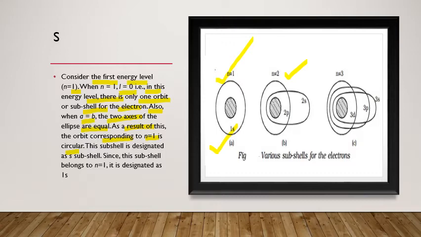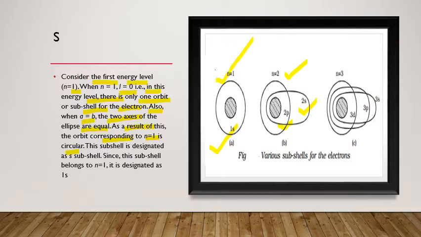One is of circular path, 2s, and the other is the elliptical path, that is 2p. So for n equals 2, we have two subshells having different paths and different energy.